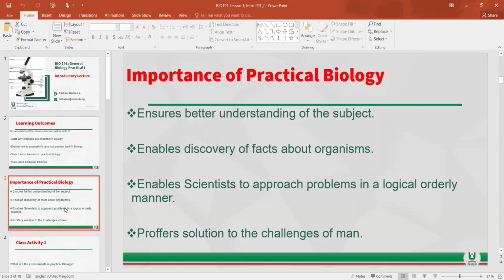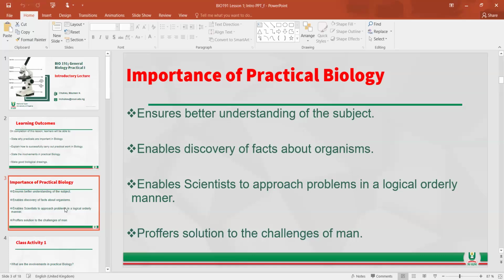The importance of practical biology, just as I was explaining: as students, after being taught in class, go and read and subsequently sit for their exams. But for sciences, it's not like that. After the lecture, you still go to the lab, see the things you've been told of, practicalize, see equipment, see specimen, as the case may be, and handle them.